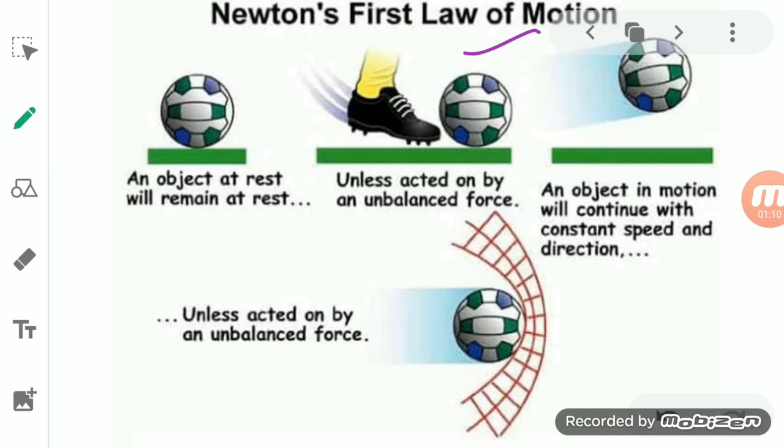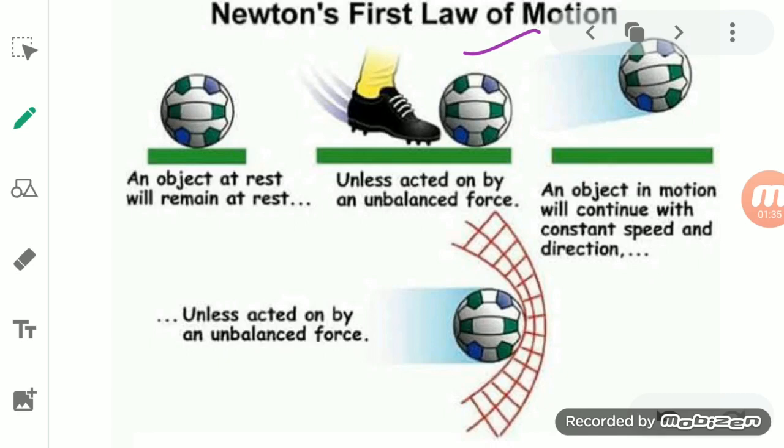So some of them are at rest, and the others are in motion. So Newton's first law is basically describing the behavior of such bodies which are in a state of rest, as well as which are in a state of motion, or state of uniform motion in a straight line.